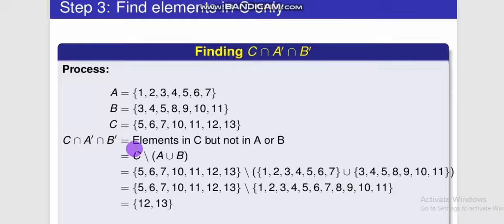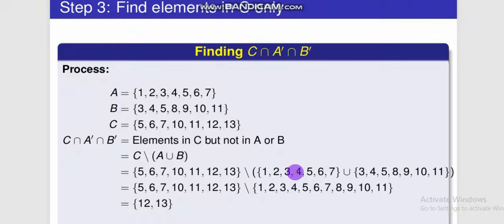So our C is a set of these elements, so we bring that here. Then set minus open bracket. We bring set A, you see set A here, we bring it here, followed by union, followed by set B, so we write our set B here.